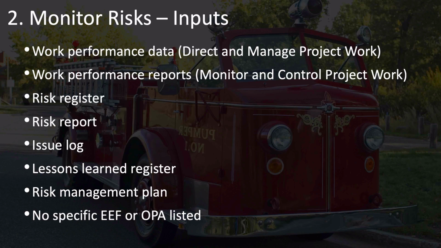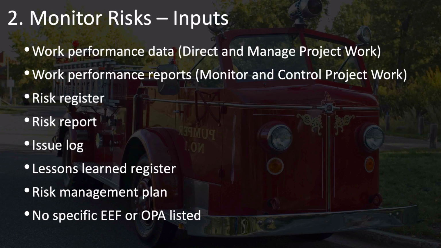Your work performance reports will include information about the performance of your project, information such as variance analysis and your earned value analysis and forecasting information that you can use to see where your project stands relative to risk. You can then compare this to the information you have about risks and your plans for risk responses in your risk register and your risk report.